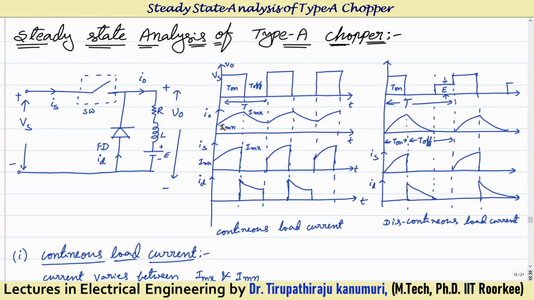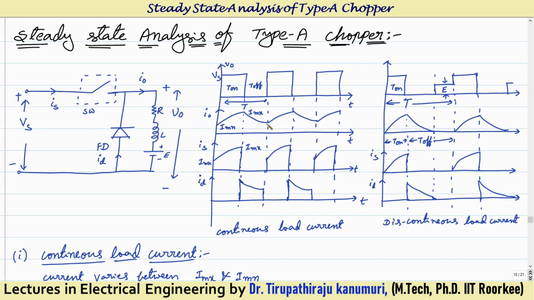It will start from the minimum value and gradually start increasing, which means the energy is stored in the inductor. Now whenever the switch is open circuited, the inductor will not allow a sudden change in the current. So it will change its polarity so that the current continues in the same direction through the freewheeling diode, and it will reach some minimum value.